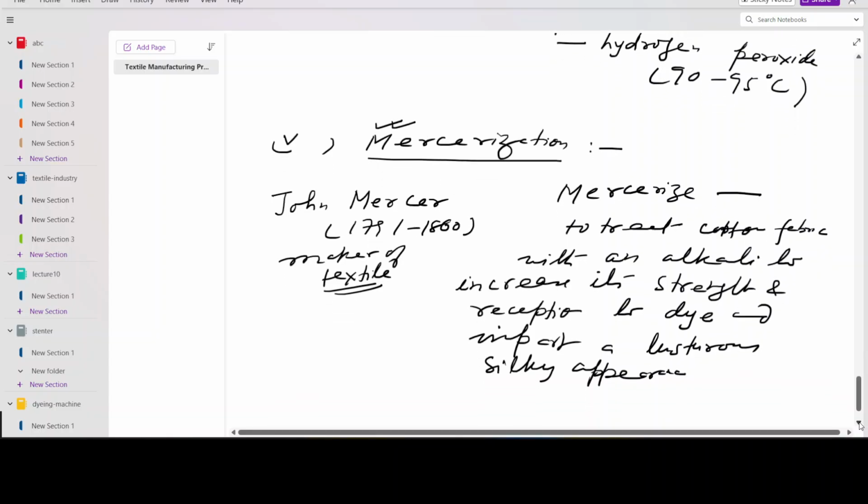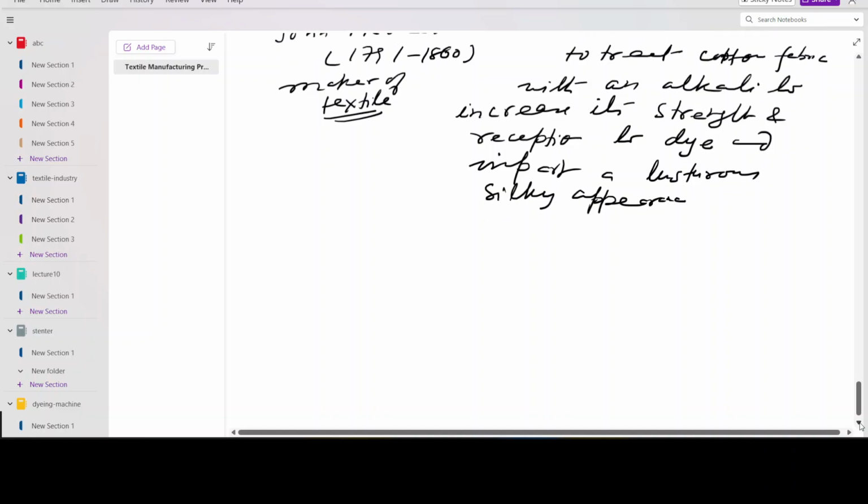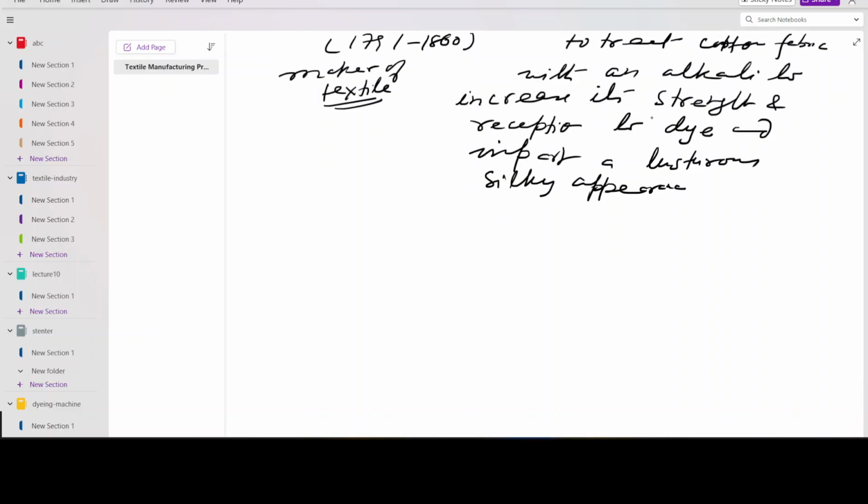So it is an important process. This process will increase strength and reception to dye and impart a lustrous silky appearance to the fabric.